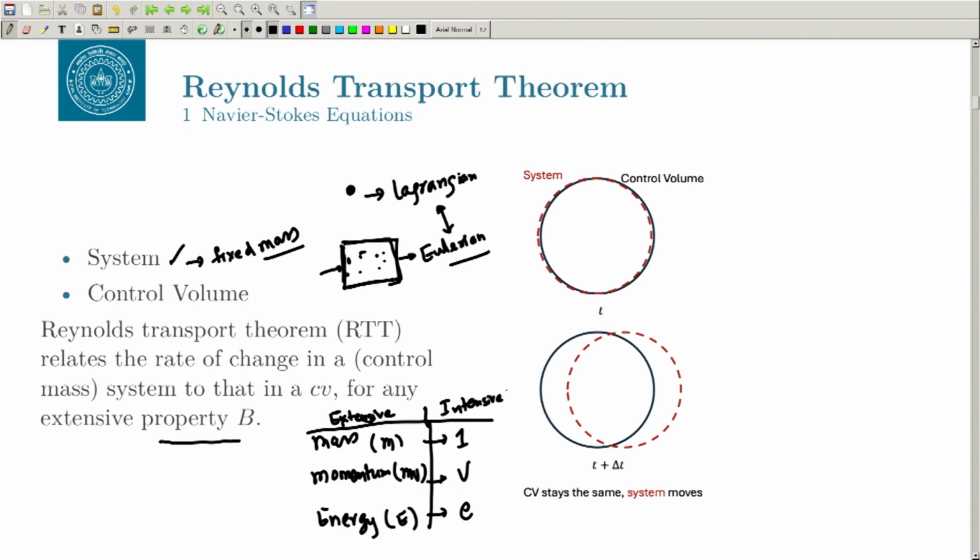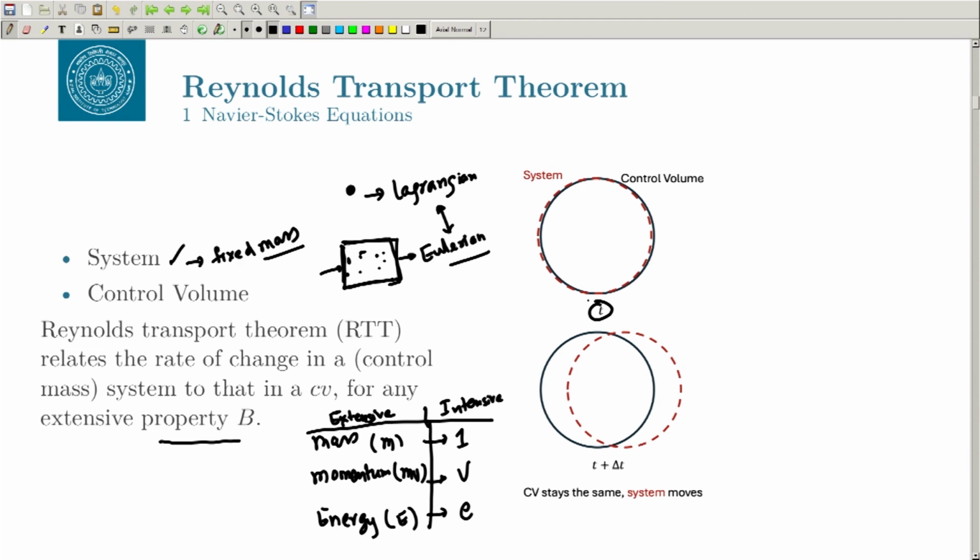So, let us take an example of the system and control volume. What I am showing here in this particular case, the diagram here, is the position of a system and the control volume. Let us say at time t, the system and control volume are nearly overlapping each other. Now, your control volume is fixed. As time passes, the system will move because we have discussed the system is a collection of particles.